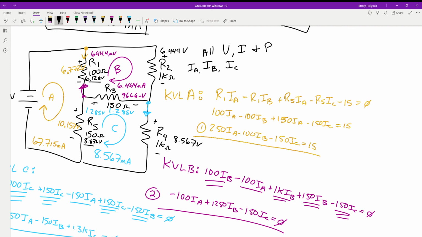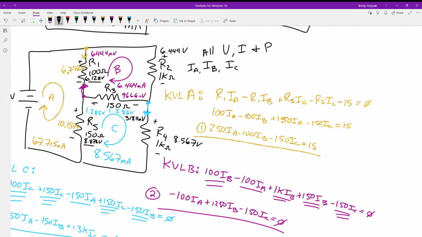So we have the 1.285. We're going to subtract out the 0.9666, and we're left with a net of 318.4 millivolts in this polarity.